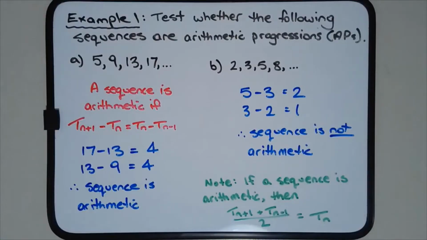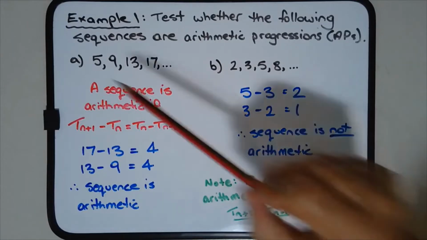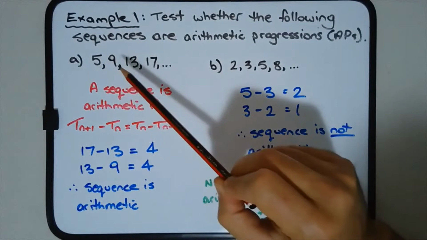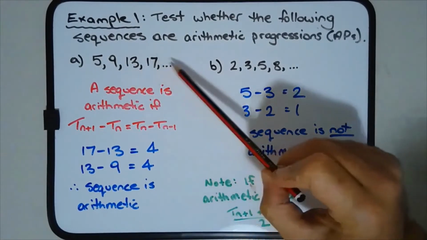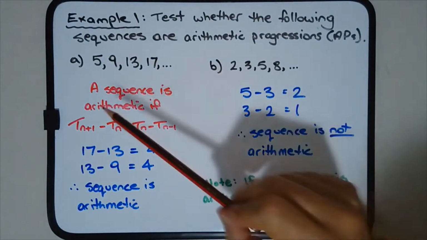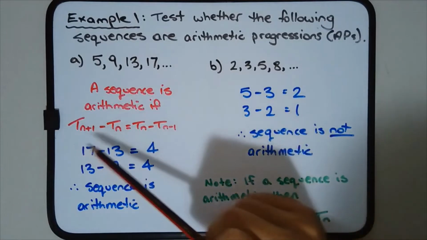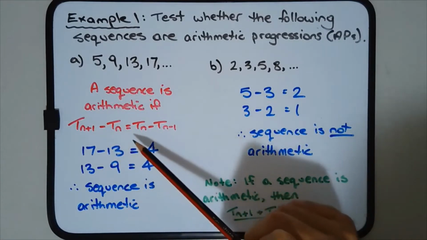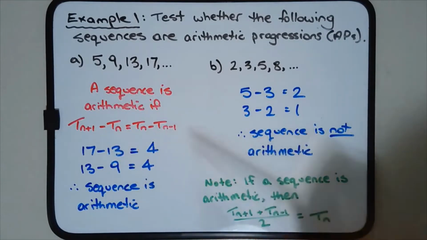Example 1. Test whether the following sequences are arithmetic progressions, APs. Part A, 5, 9, 13, 17, and so on. Now a sequence is arithmetic if Tn plus 1 minus Tn is equal to Tn minus Tn minus 1.